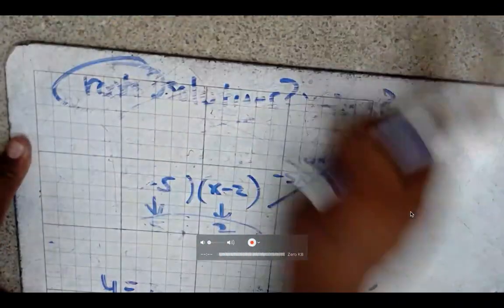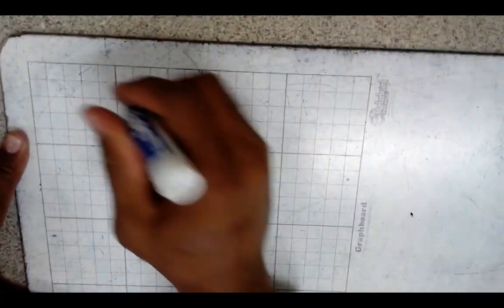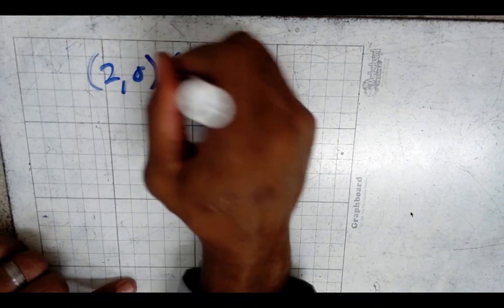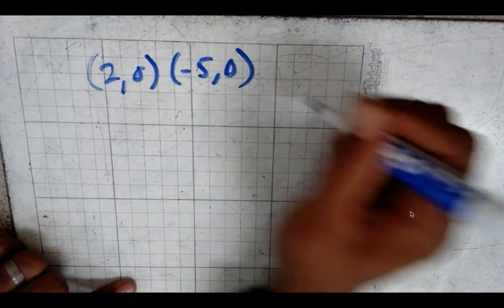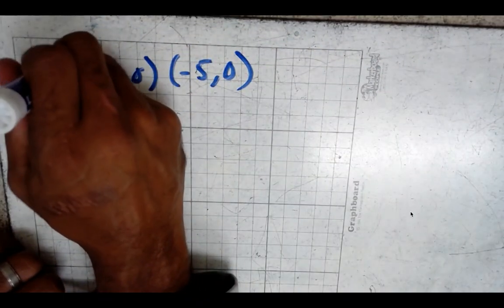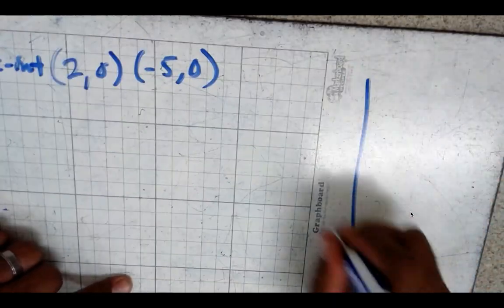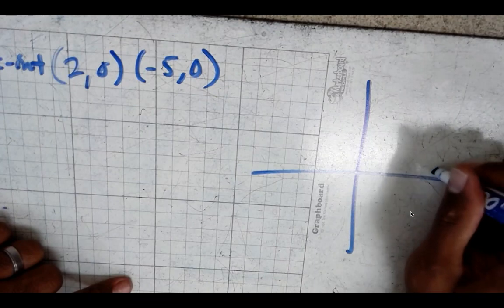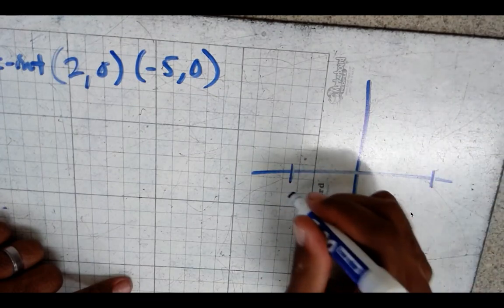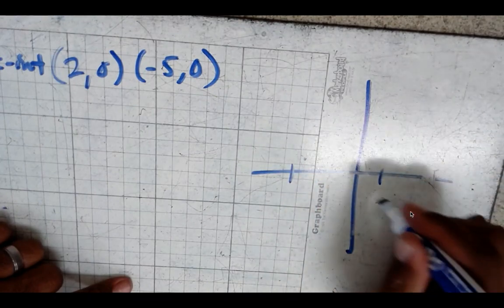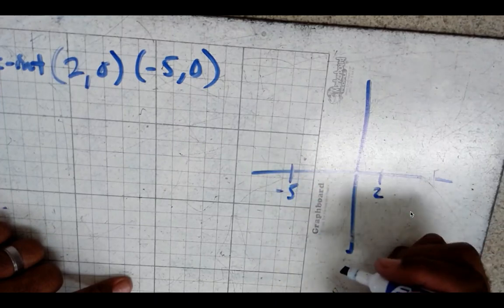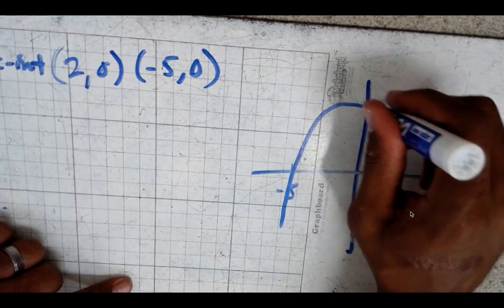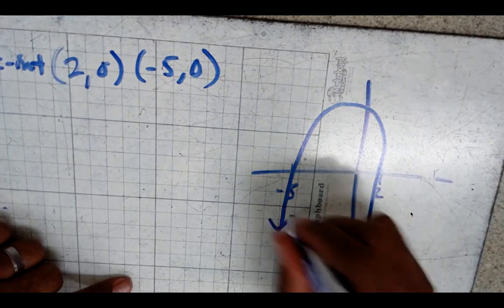So let's say that they give you 2, 0, and negative 5, 0. Those are the x-intercepts. Or it might be the graph looks like this, with 5 over here and 2, and let's just say that it goes up, comes down, and there's your graph.